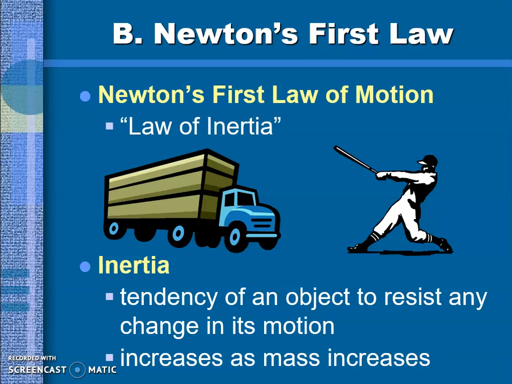Hopefully you said the truck, because the truck has much greater mass. So it's much more difficult to get that truck to start moving or to get it to stop. It takes time because it's difficult. The baseball player has a lot smaller mass, so it's a lot easier to get that person moving or to get them to stop moving.